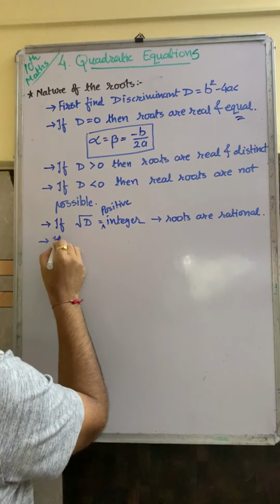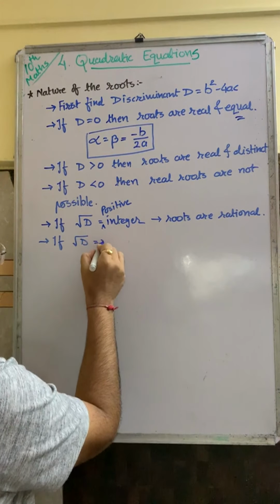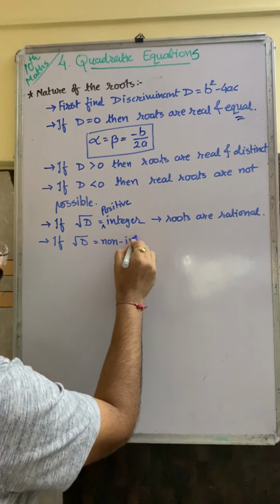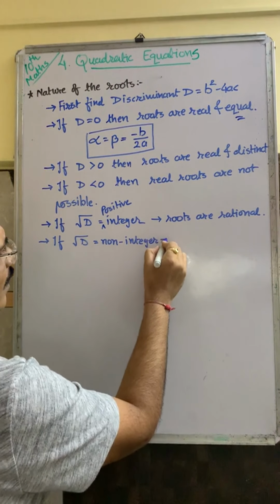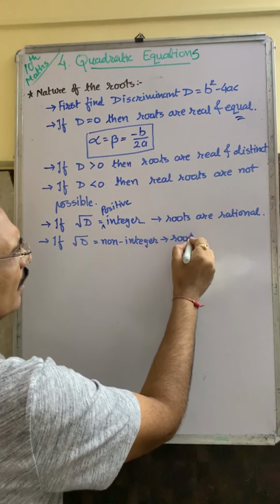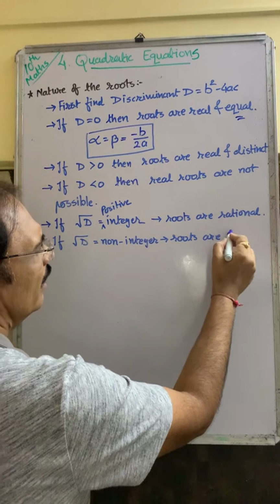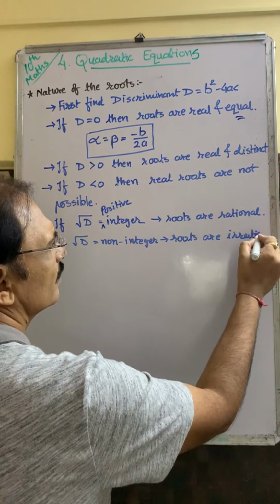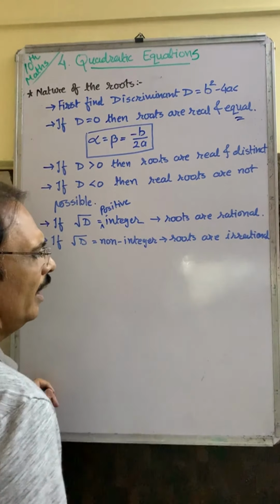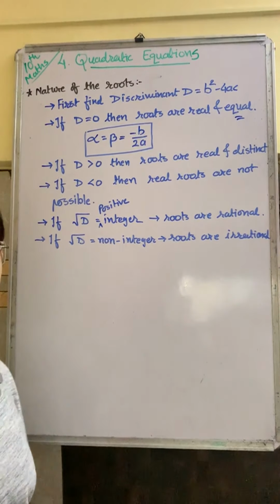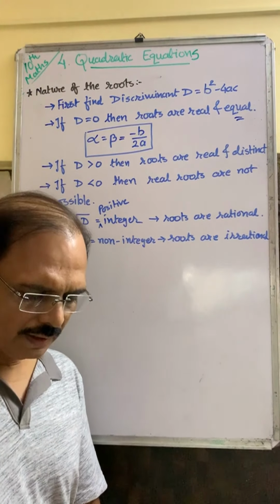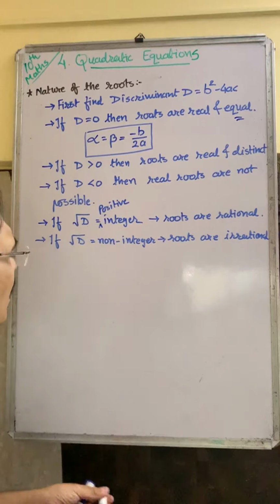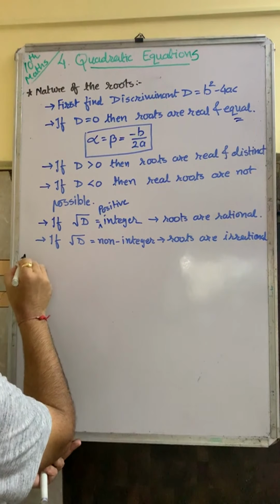And if root D is non-integer, then we can write roots are irrational. Is it okay? This is about nature of roots. And the last is form equation.